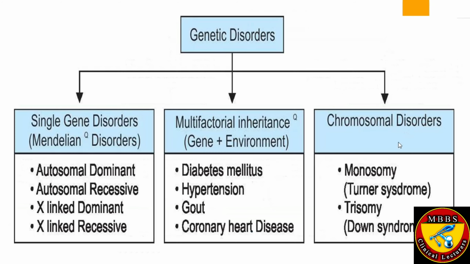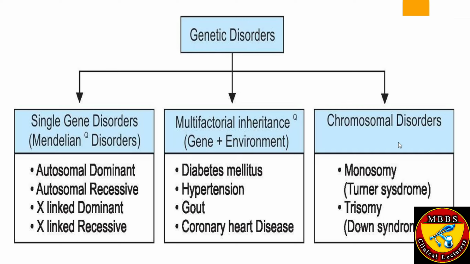So when we are talking about genetic disorders, as I already told you, the classification is either single gene, multifactorial, or chromosomal. Single gene disorders always observe the Mendelian inheritance pattern, in which they are either autosomal dominant, autosomal recessive, X-linked dominant or X-linked recessive.